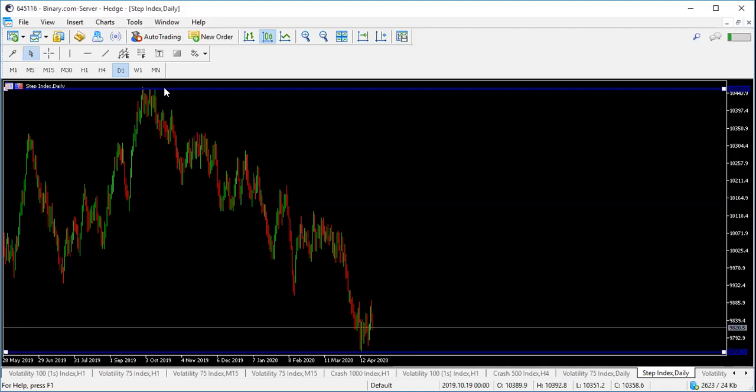From this highest high, I will start to identify my visible lower highs and lower lows. So this one is my lower high, because we are going into the downtrend. Then we move on to the visible lower low, which is this one.